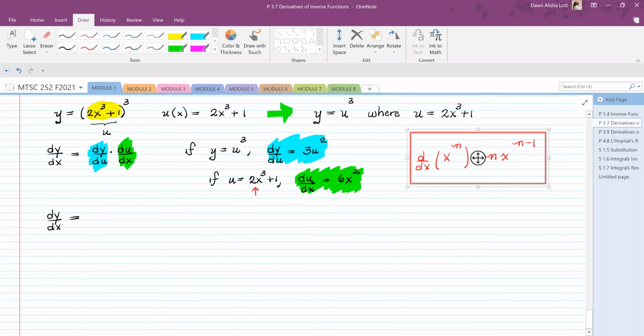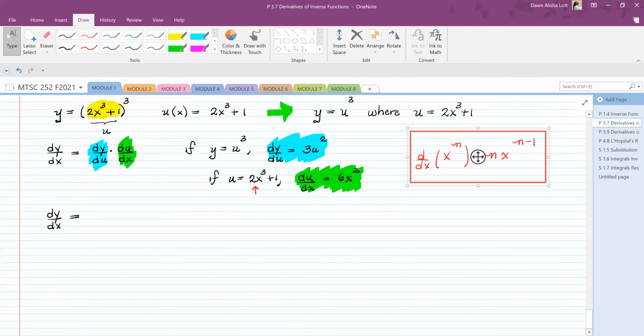Exactly. So the derivative of x cubed is bring the 3 down, x to the 3 minus 1, which is x squared. So the derivative of x cubed is 3x squared.